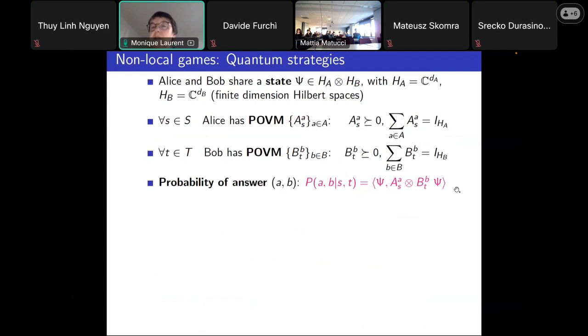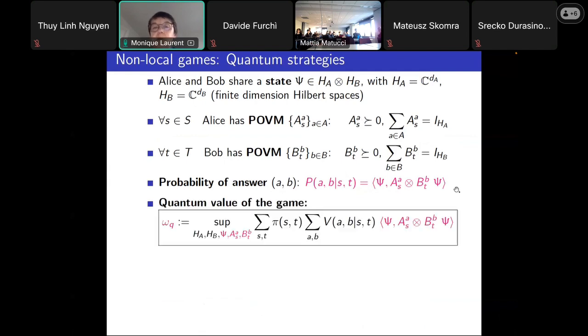We have seen this expression before. And the quantum value of the game is optimizing the same objective function as before, but now for P, we choose the quantum definition of the correlation P, which is put here.